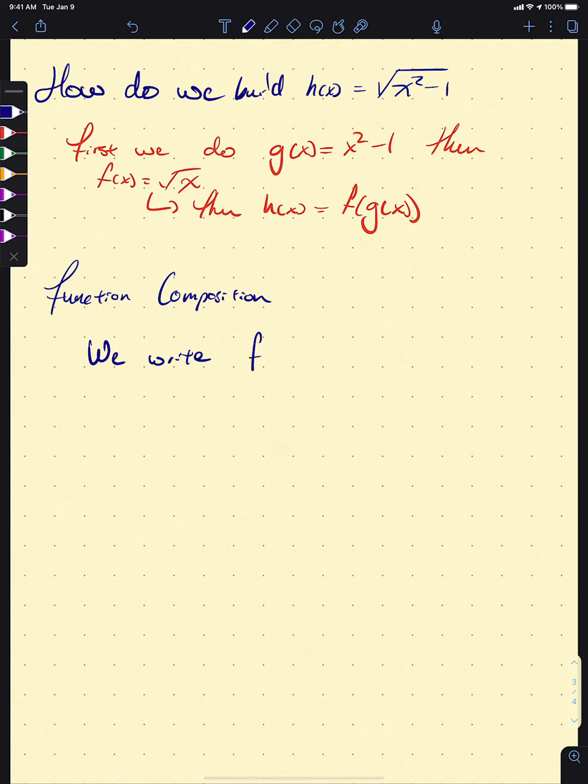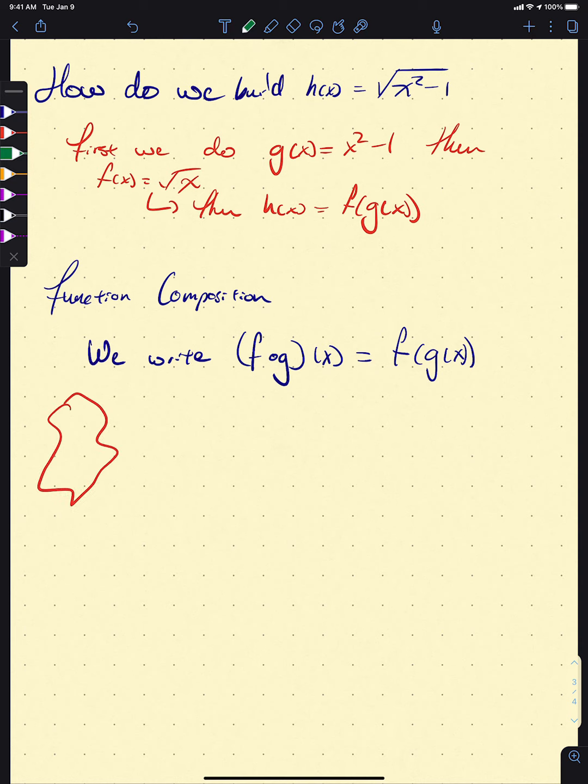We write something like this: f circle g of x, and that means you do g and then you do f, right? And if you're looking for a picture, we can get direct analogs from both of our pictures from before. If you prefer looking at the amoebas, you're going to need 3.